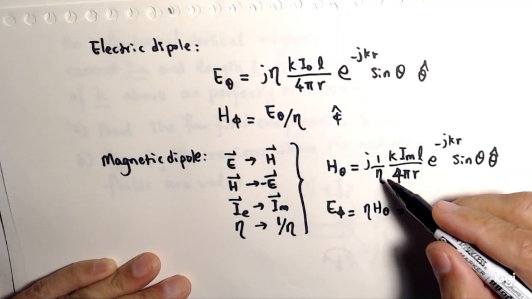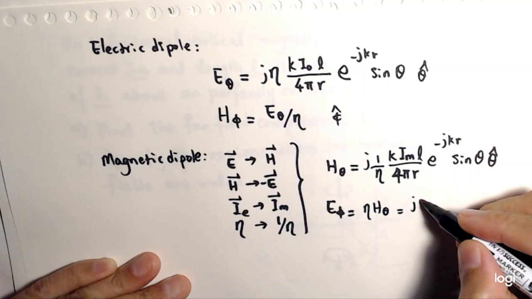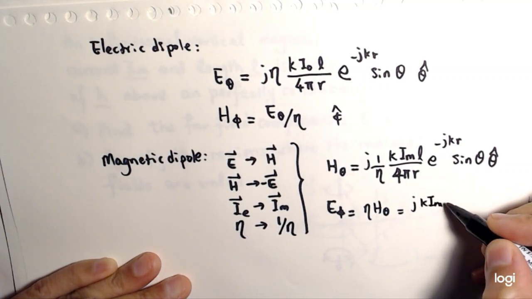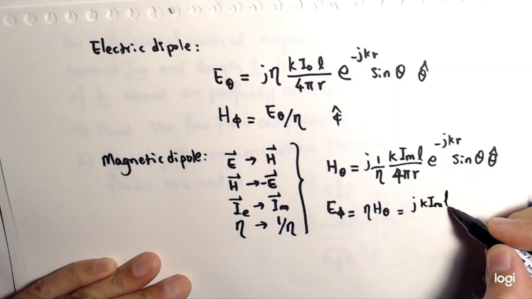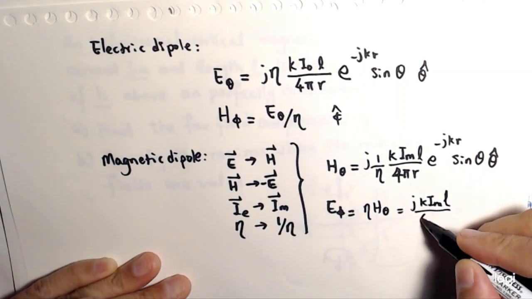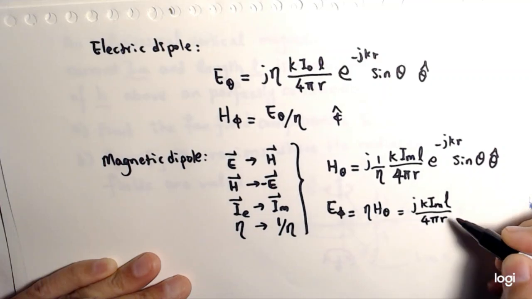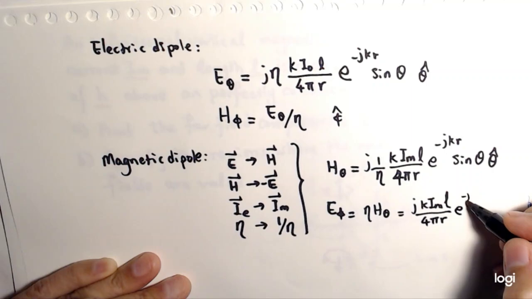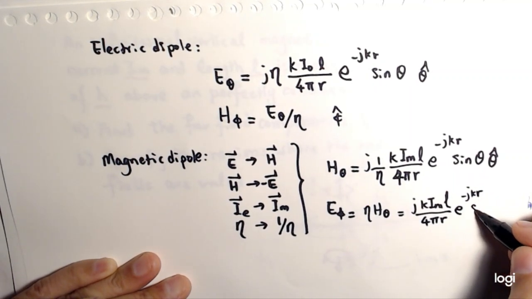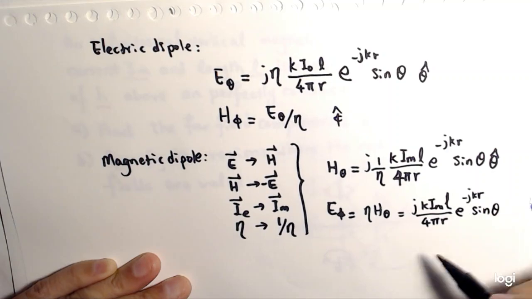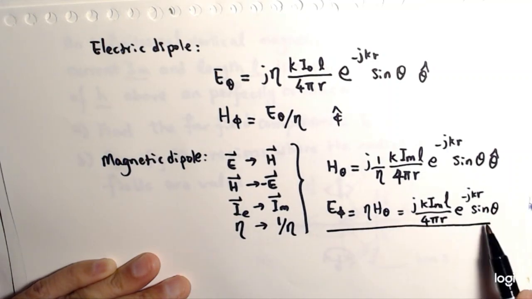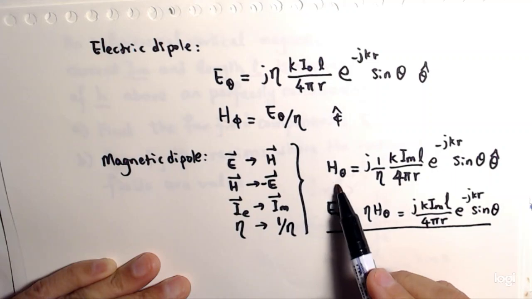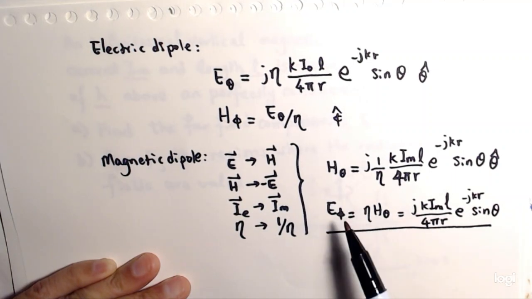So the only change that you need is this one. So this is the electric field for the dipole, and this is the magnetic field for the magnetic dipole.